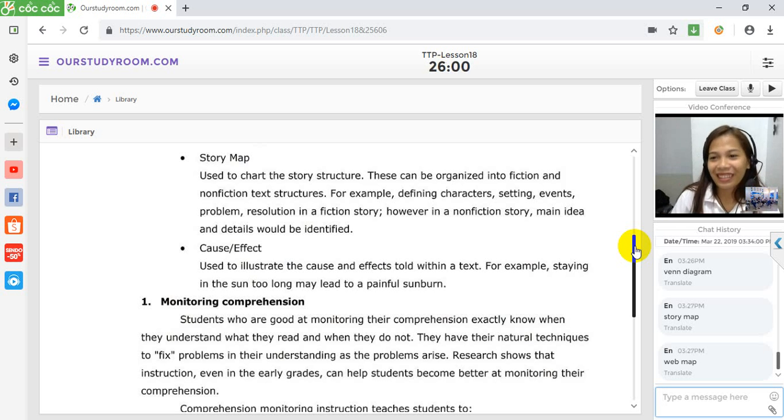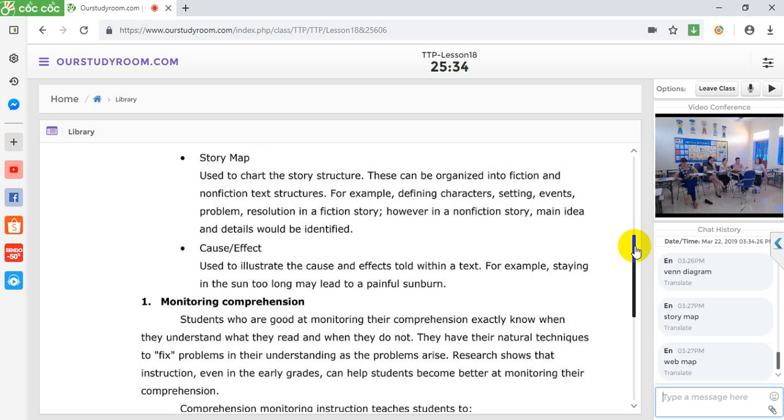For example, when I teach my children, before reading I want my students to read the paragraph, think about something in the text, and find some information they don't understand.